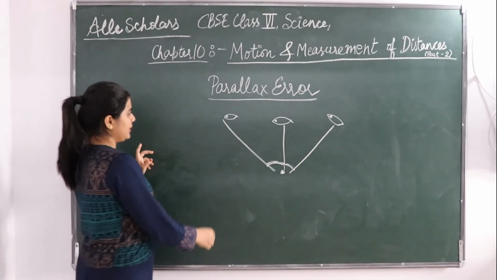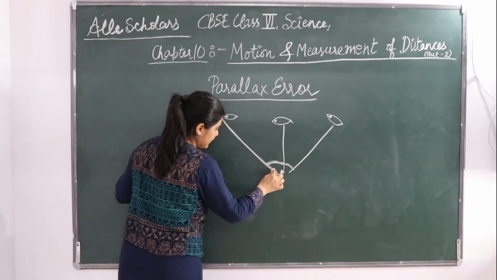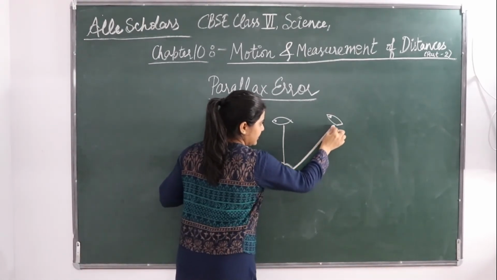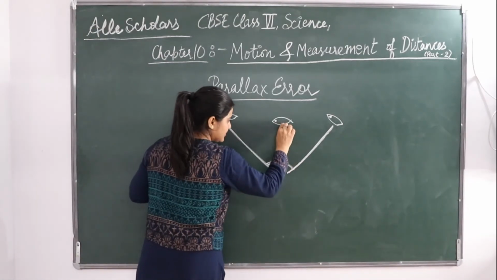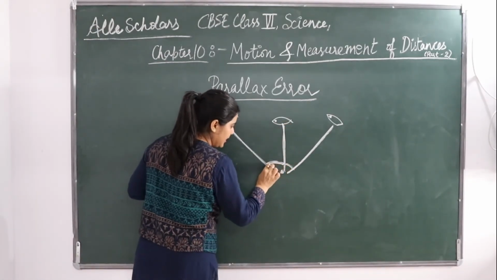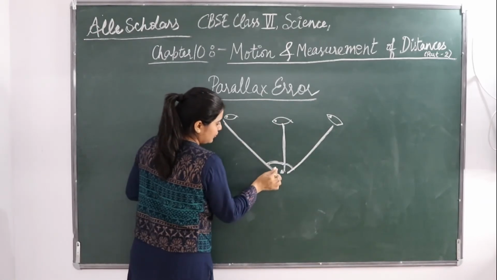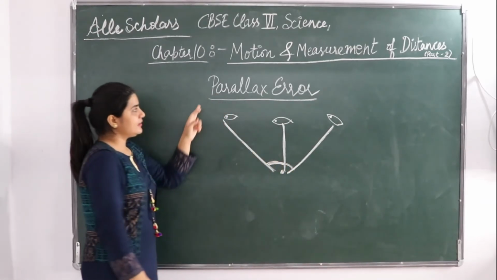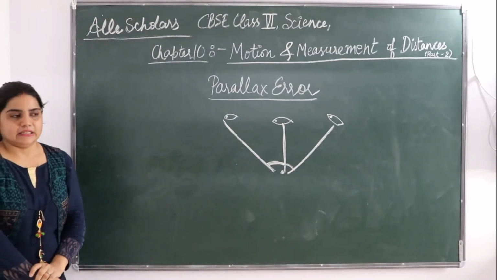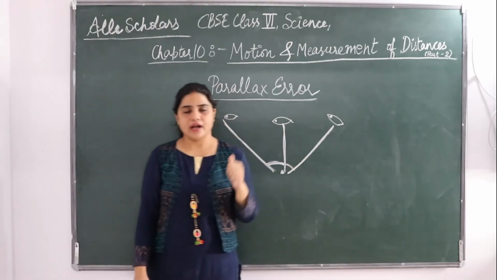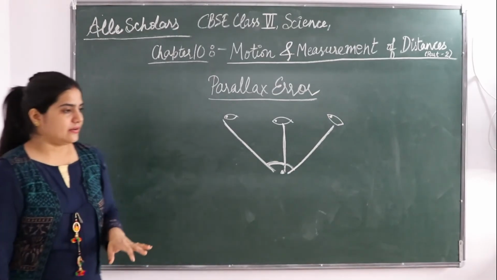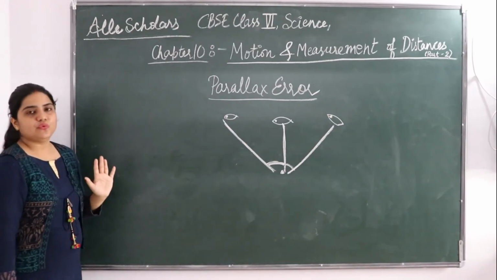That point can be this side and that point can be this side. तो उनके बीच में ये जो एरर आया, सही पोजीशन तो ये थी, अब ये जो इधर से देखें तो ये जो एरर आया, that error is called parallax error. So this type of error while measuring, that is called a parallax error. Two different points of view are there.